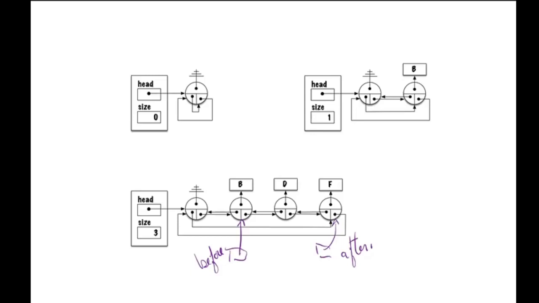And in order to remove, we would say that before.next equals after, and after.previous equals before. And the beauty of this is that this works to remove the first element, the last element, any element in between. It works as long as there's one element, and it works for an unlimited number of elements.